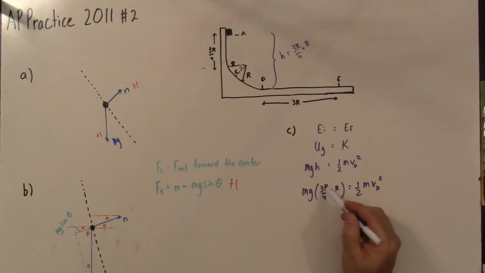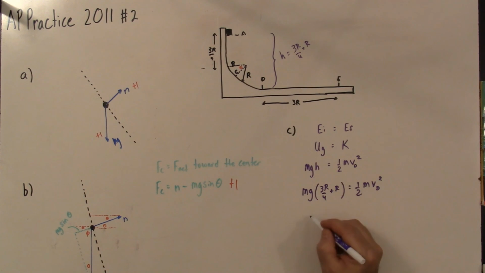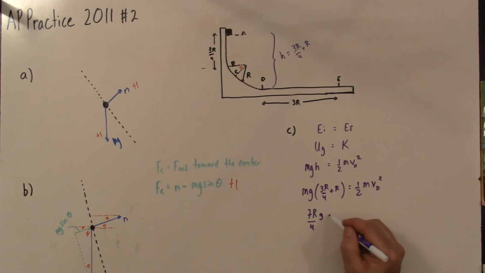This is 7r over 4, so 7r over 4 times g is equal to 1/2 v at D squared.